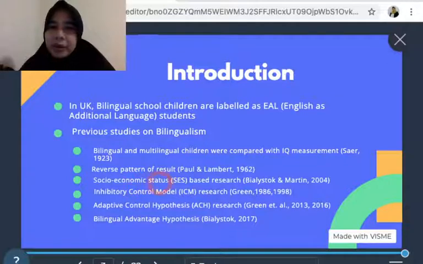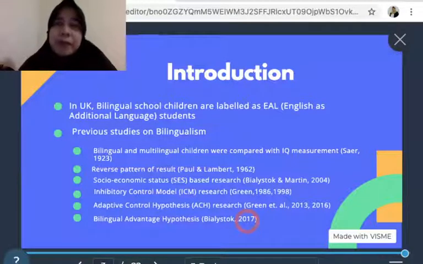And the next one is 2014, where socioeconomic status, or SES, was highlighted as another consideration in doing bilingual research. And the next ones are 1986, 1998, 2013, 2016, and 2017, where performance task instruments were used as one of the data collection procedures in bilingual research.